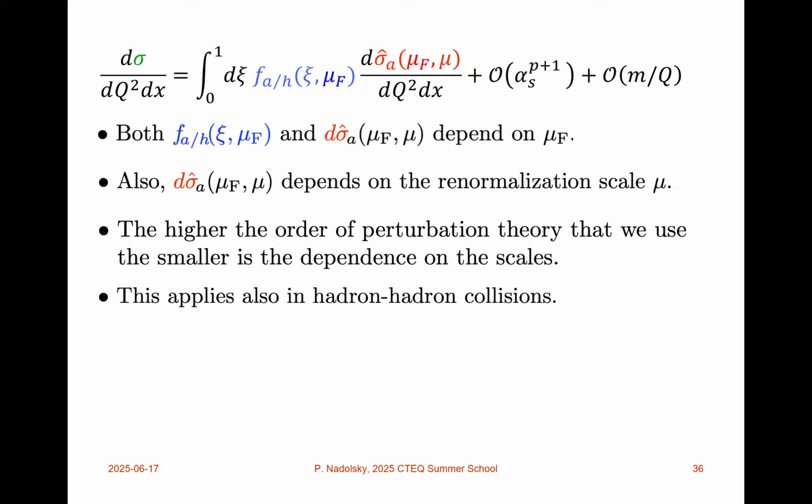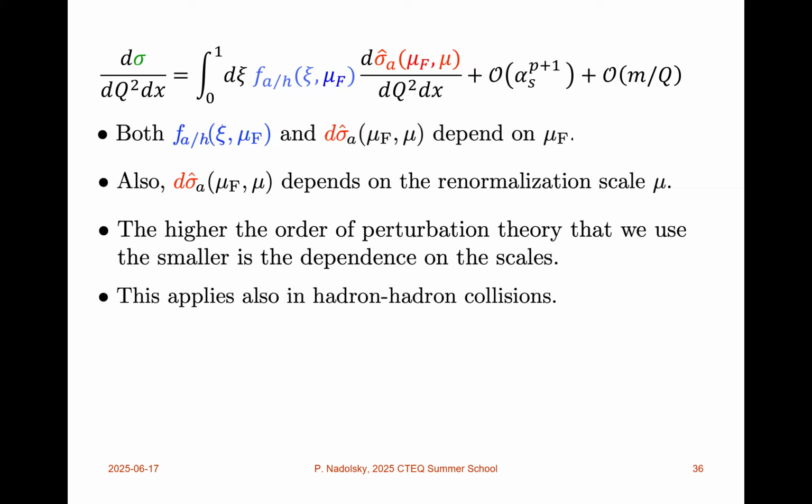Now, of course, αS also depends on another scale called the renormalization scale. So the μ or μr in αS comes from contributions from the virtual corrections, and μf in the PDF comes from real emission corrections.